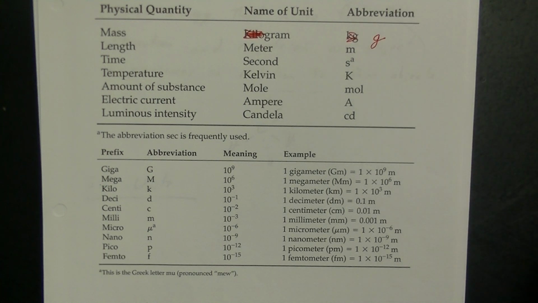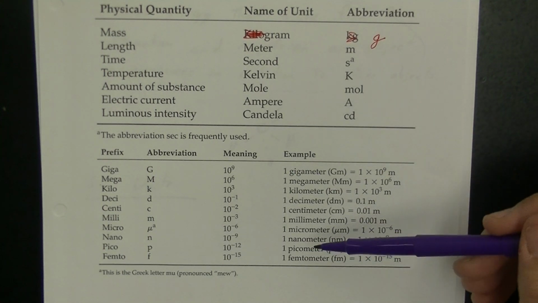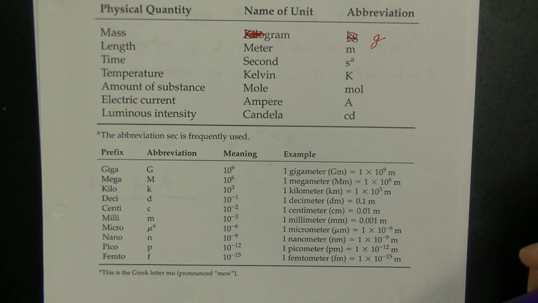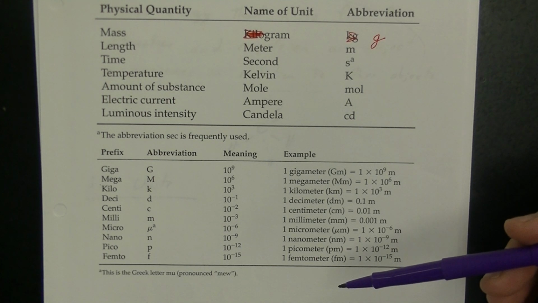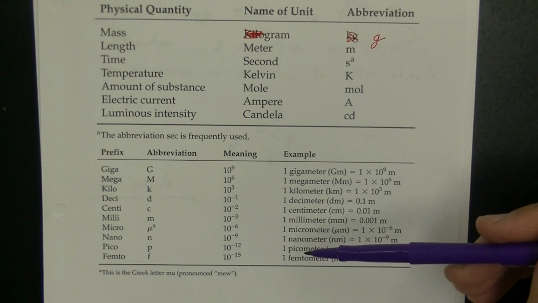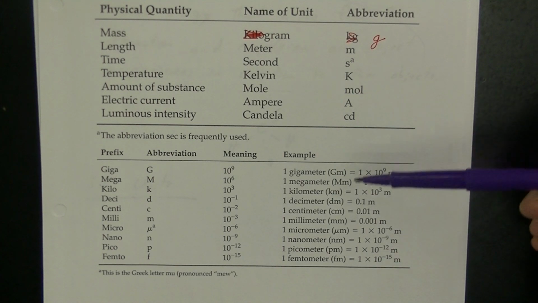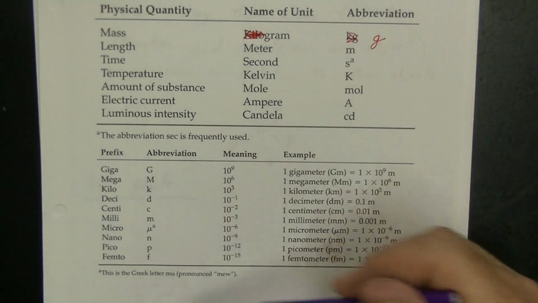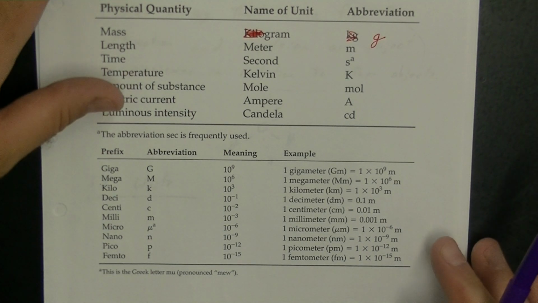And then here are all your prefixes. You do need to be able to convert from one thing to another, so you should be able to go from nanometers to meters and meters to kilometers and all that kind of stuff. We'll talk a little bit about dimensional analysis tomorrow, where you're going to be doing that. But here are your SI units, and this is posted under your reference section, I think, on Google Classroom.